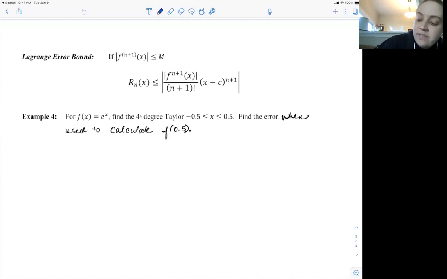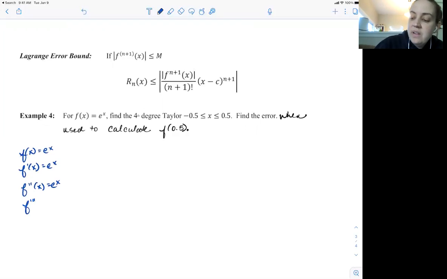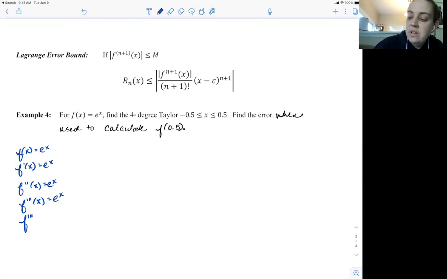So let's start with our function, e to the x. The first derivative, lucky us, is e to the x. The second derivative is e to the x. The third derivative is e to the x. And the fourth derivative is e to the x. Fourth degree Taylor polynomial.